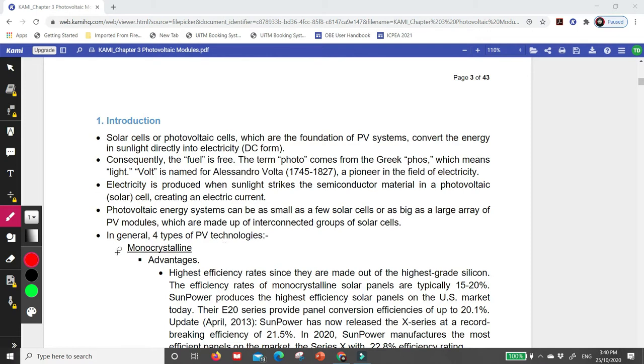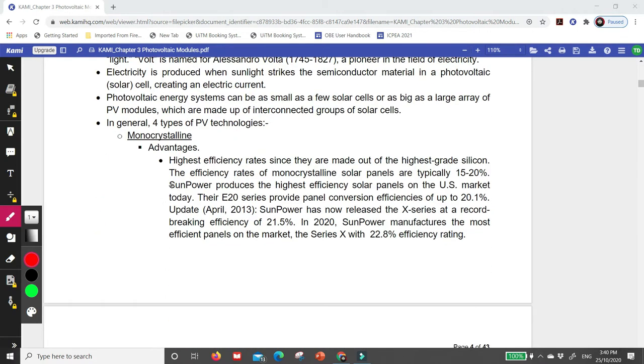Okay, we start with monocrystalline. The advantage of monocrystalline is the highest efficiency rate since it is made out of the highest grade silicon, which is 99.99% pure silicon. The efficiency rate of monocrystalline solar panels is typically 15 to 20%.